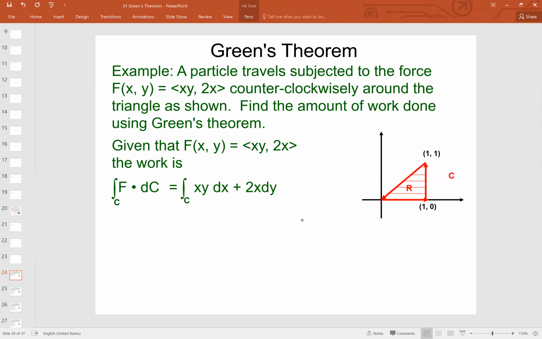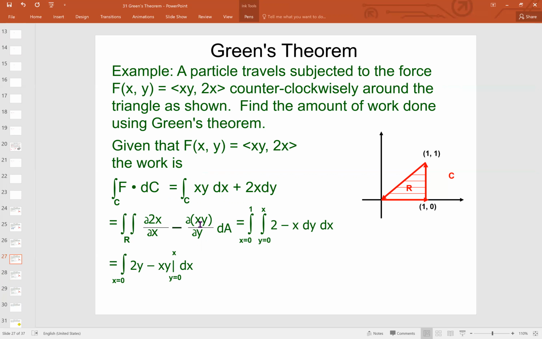This is the work being done, and Green's theorem says to take the partial derivative of the y component with respect to x, the partial derivative of the x component with respect to y, and just subtract. And voila, this is what it is as a double integral over the triangle, and it's the same answer as the line integral. In this case, we simplify the computations.